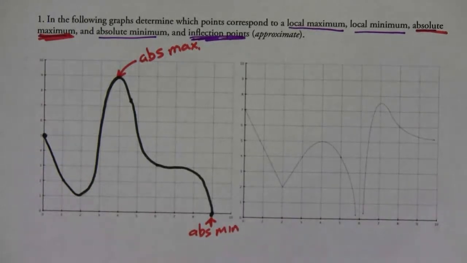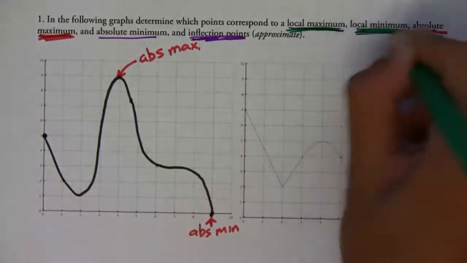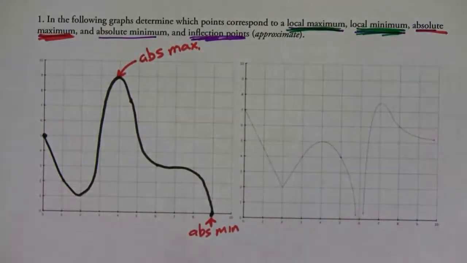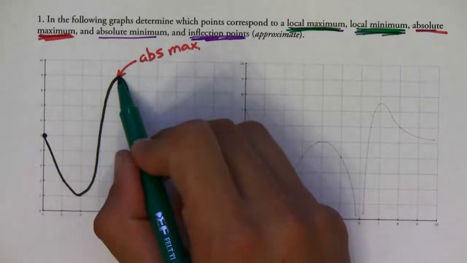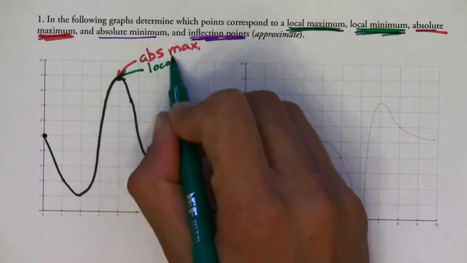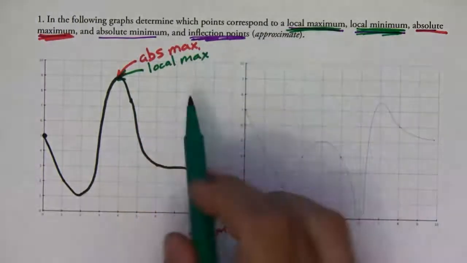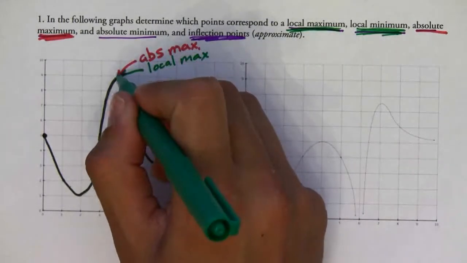Okay, so now that we've got those down, let's do all of the local maximums and local minimums. Those we're going to do in green. One thing to note is that just because this value is an absolute maximum, it doesn't mean it can't also be a local maximum. And remember, a value is a local maximum if it's bigger than every value around it.